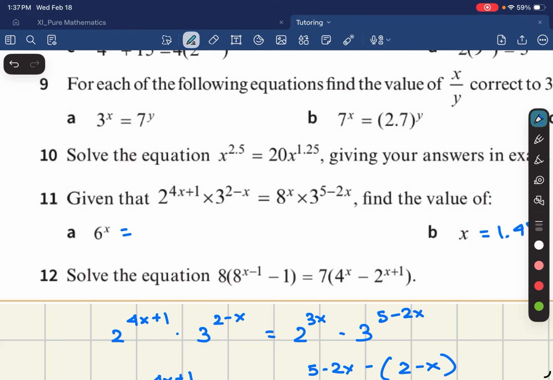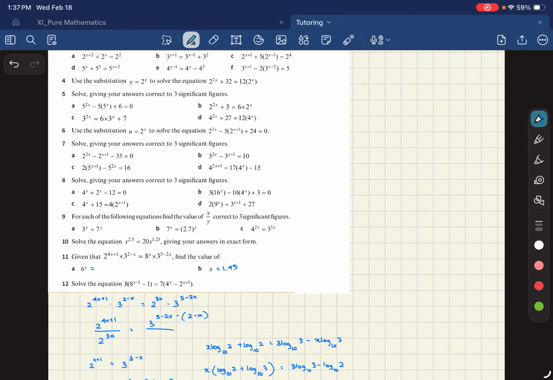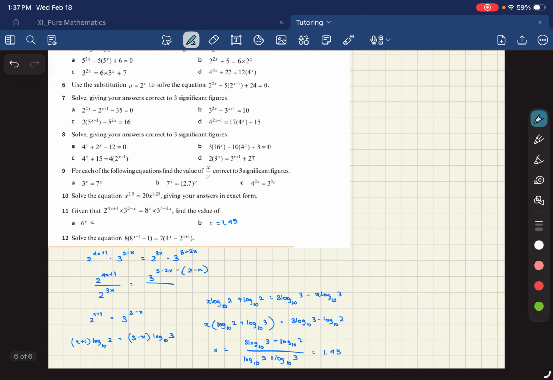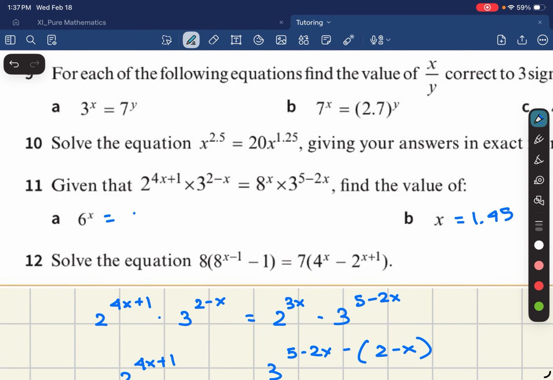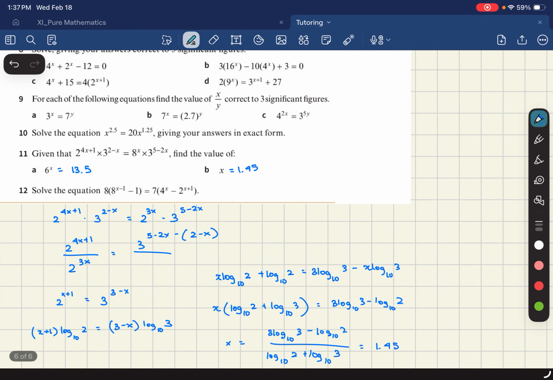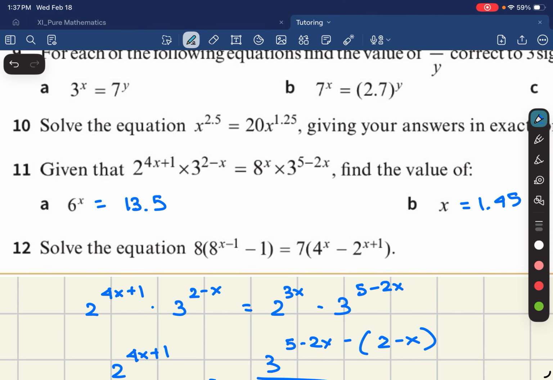Sorry, so you just want to raise 6 to 1.452588. And then you get 13.5. So you want to use your exact value, and if you substitute it back, you get 13.5.